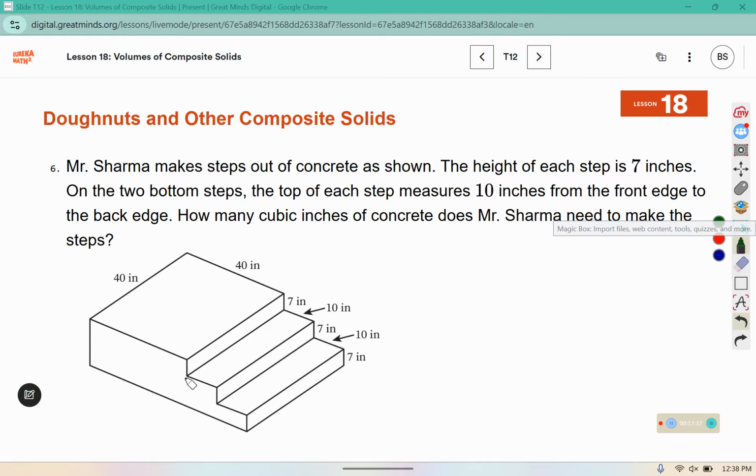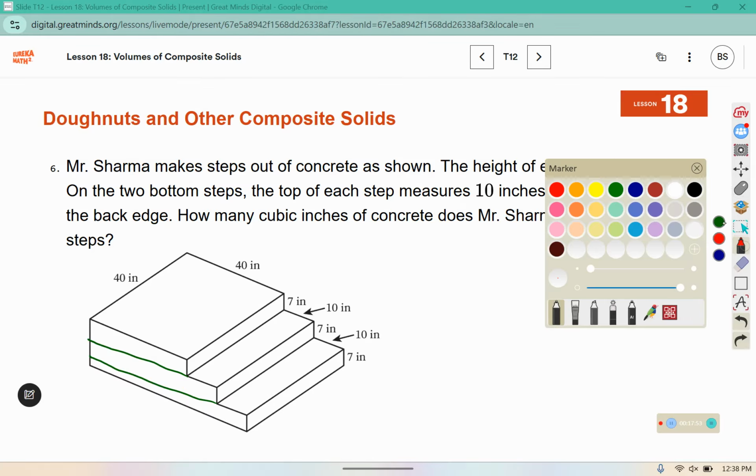So we can cut these into layers, or we can cut them into chunks vertically. Let's use the layers here.